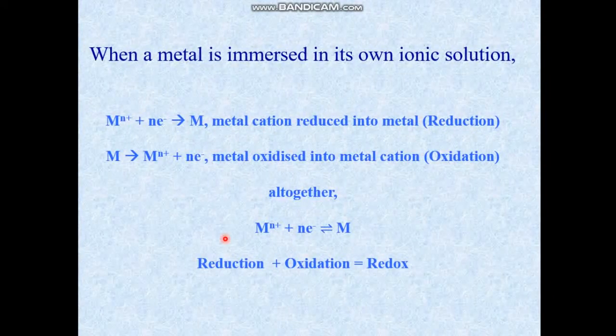First of all, we have to understand the electron transfer process during redox reactions. Here we see that a species, preferably a cation, when it combines with some electron or receives some electron, then it is getting reduced.